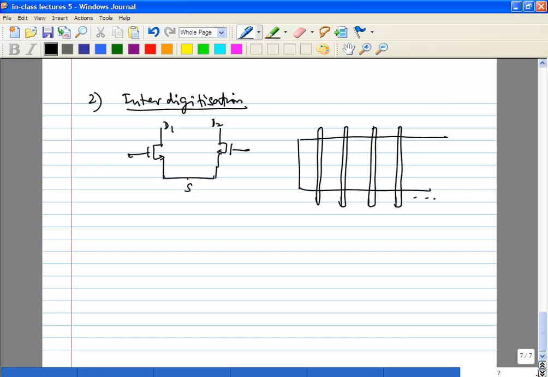Let's say there are some certain number of fingers you're going to choose. So you're going to have D1, S, D2, S, and so on. In the earlier case, we looked at multiple fingers being used for a single transistor.